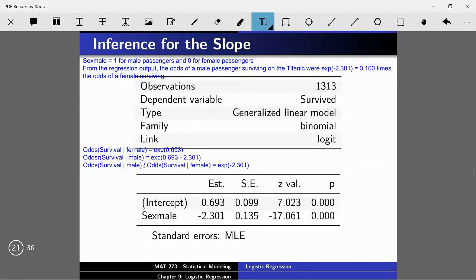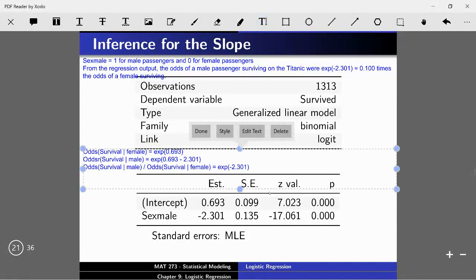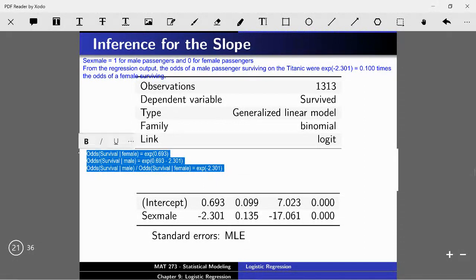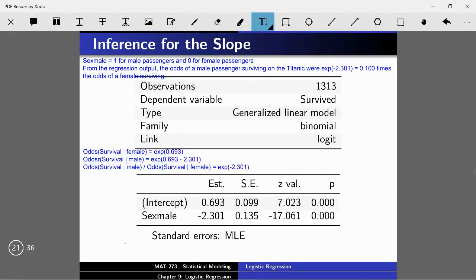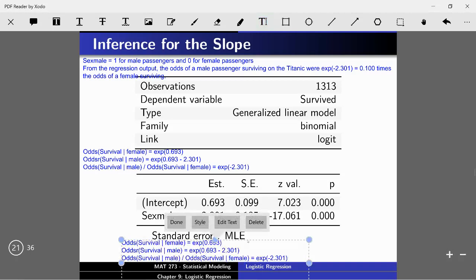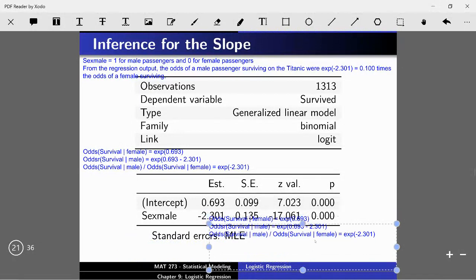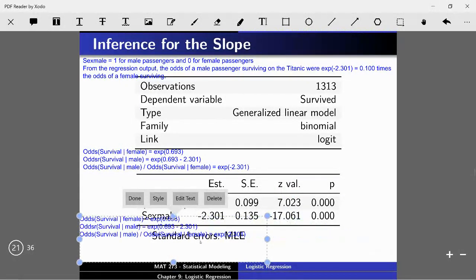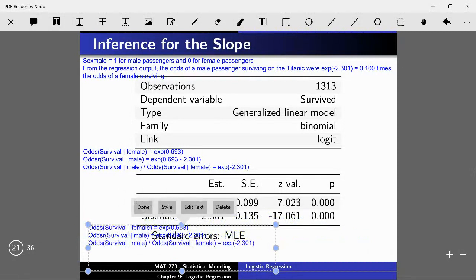All right, and then down here, so we have calculation of the odds. All right, and then also calculate the, okay, kind of running out of room on this slide, I guess.